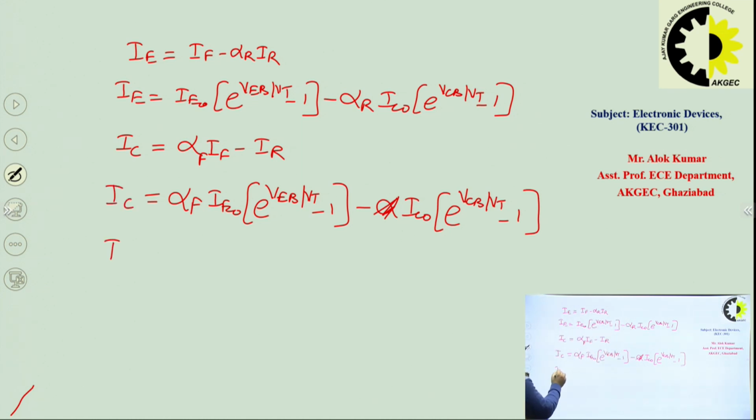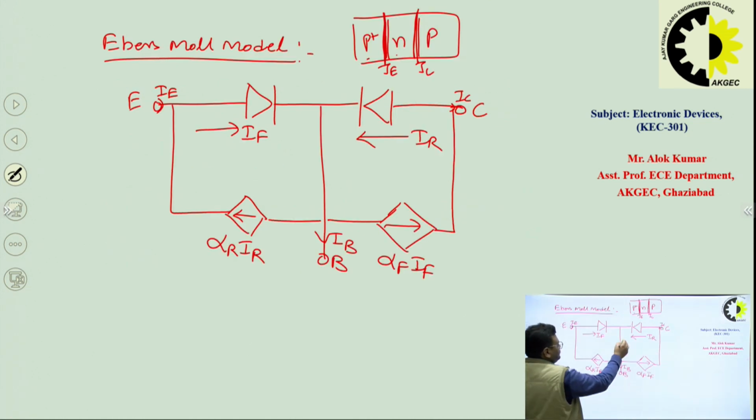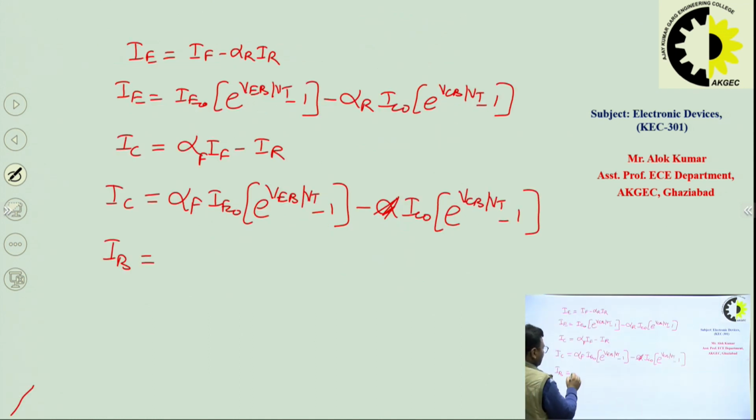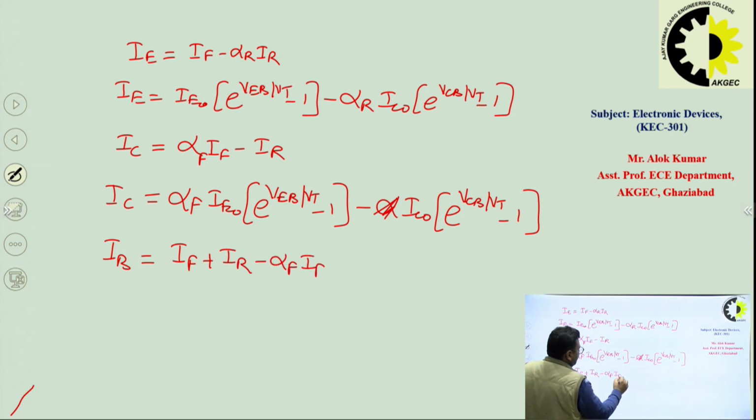And what should be IB? IB should be, from here, IF plus IR minus alpha R IR minus alpha F IF. So IB will be IF plus IR minus alpha F IF minus alpha R IR.